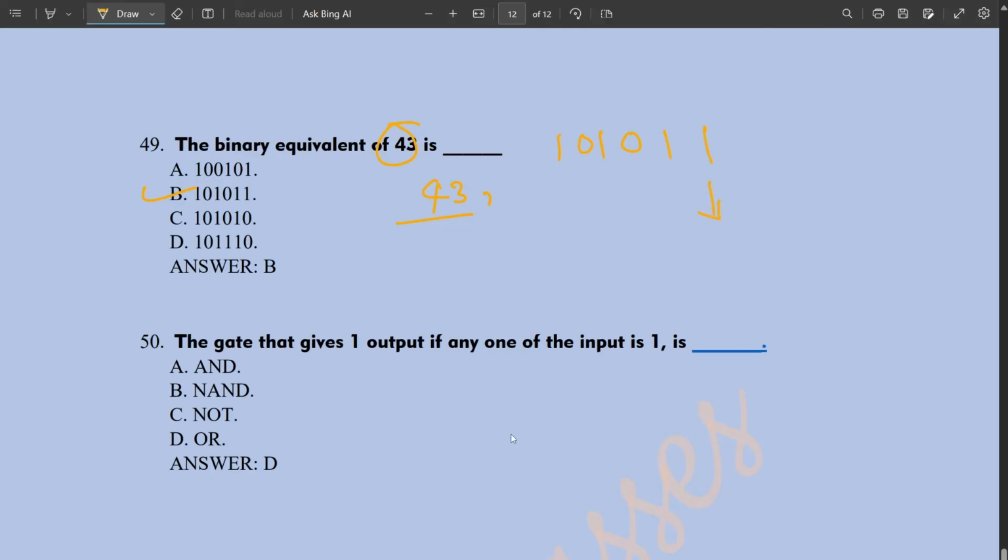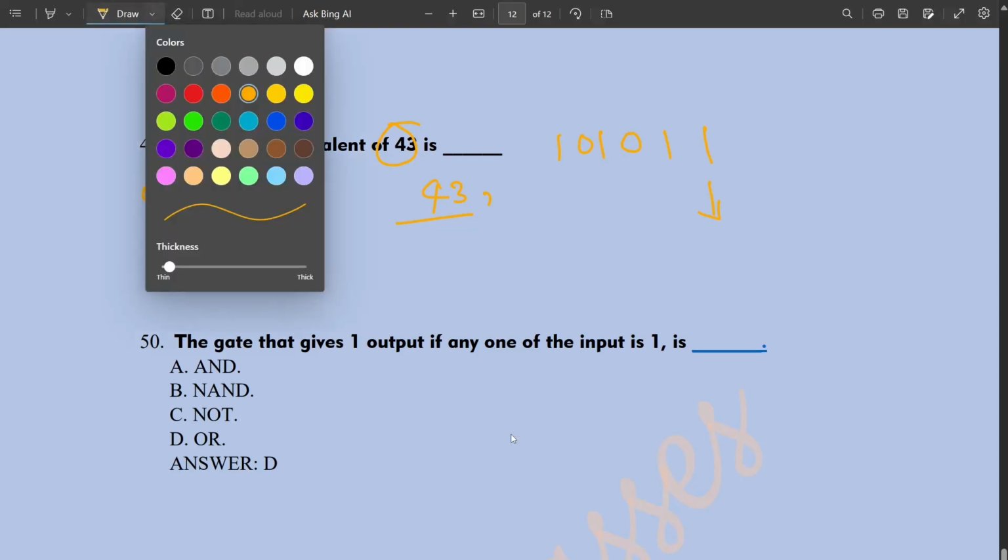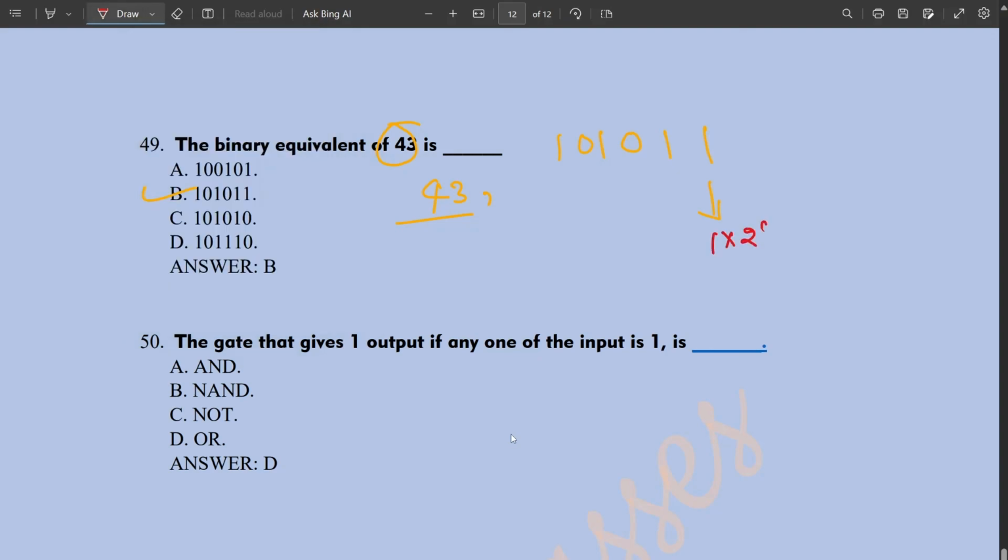So here let's do this. 1 multiplied by 2 to the power 0 because it is binary, plus 1 multiplied by 2 to the power 1.